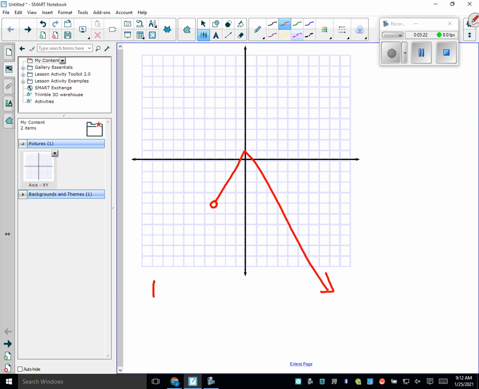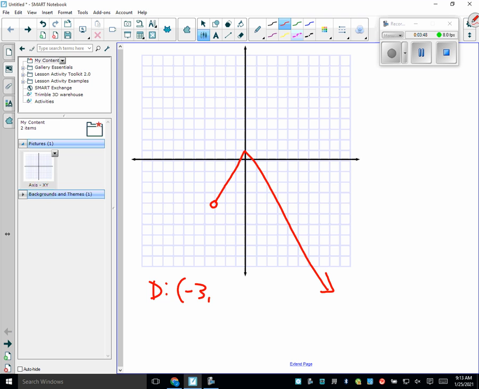Okay. What is the domain? Domain is the smallest x. Negative 3, and it's a parenthesis. To what? Is it going right forever?